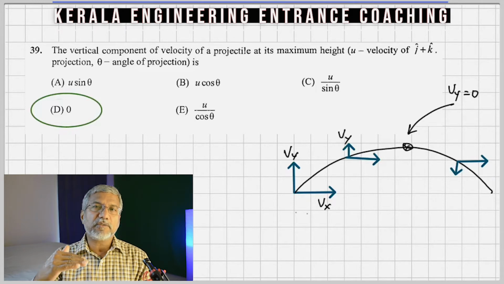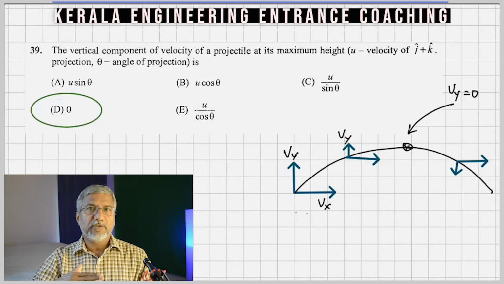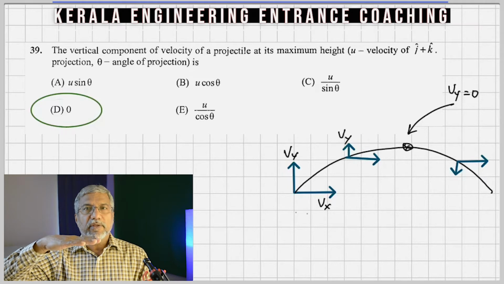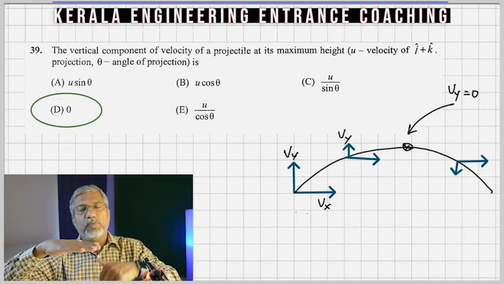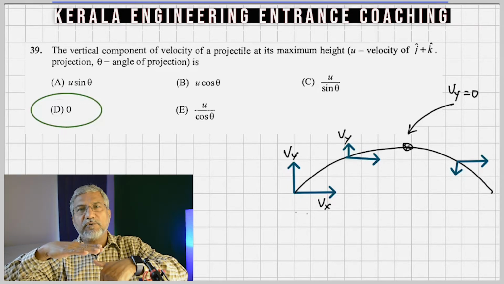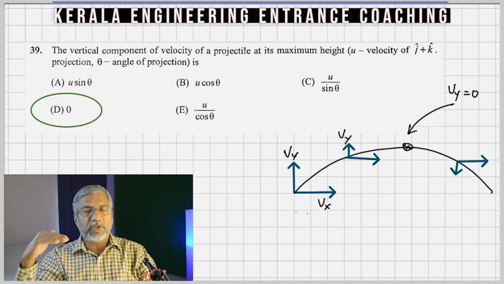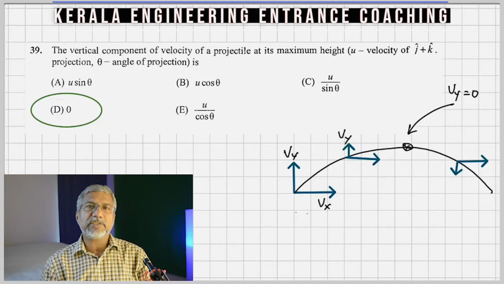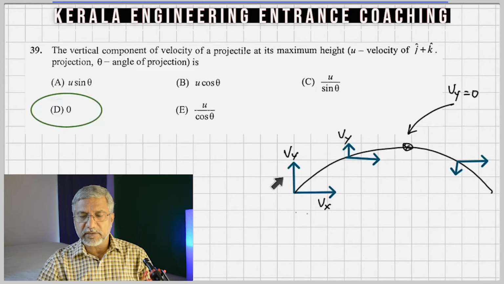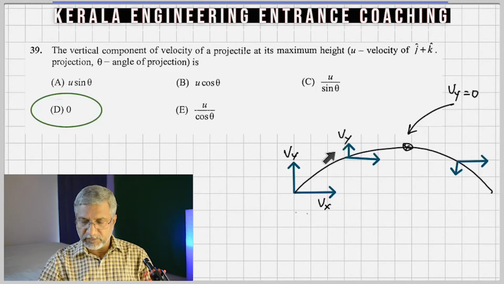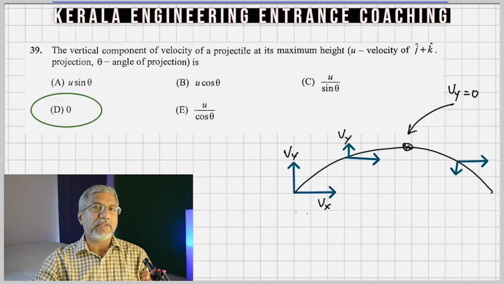The horizontal component is a constant, because gravitational force is vertical and will not act on it. The vertical component starts out with a maximum, keeps decreasing as you go up, and becomes zero at the highest point, and then it begins increasing again, but in the opposite direction.